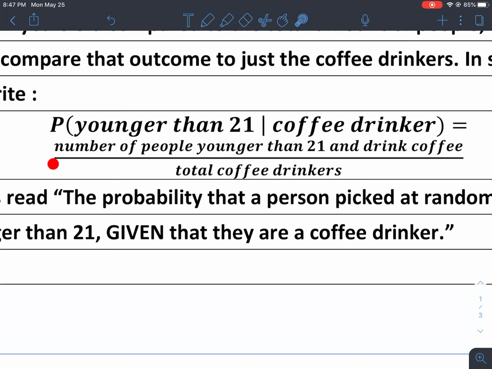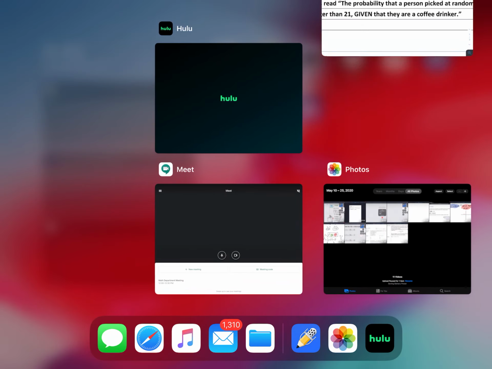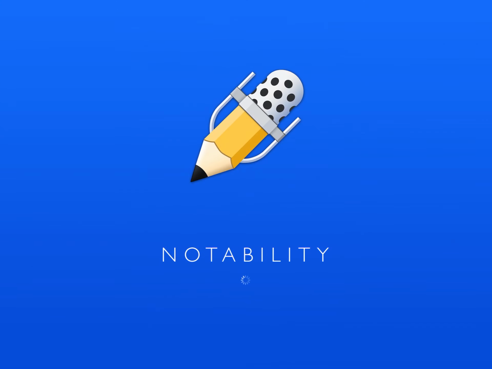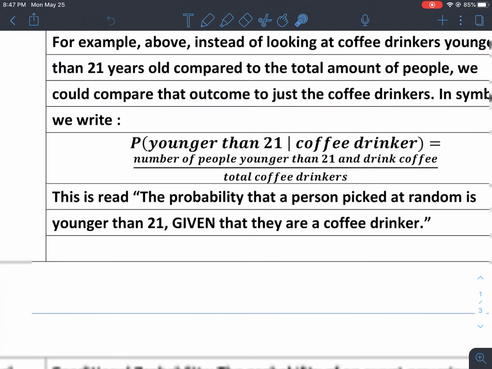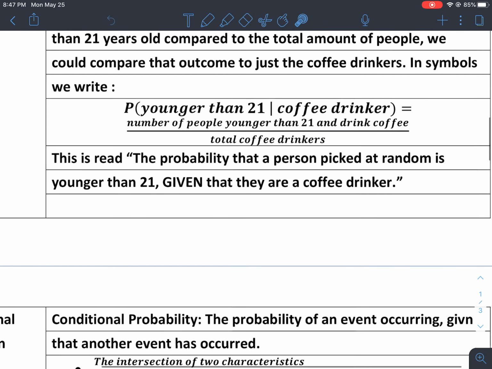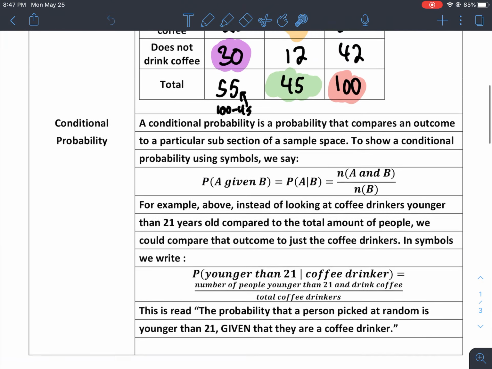So what you do is you take the number of people who are both younger than 21 and drink coffee, and you divide that by the total number of coffee drinkers. So I want to actually look at that.